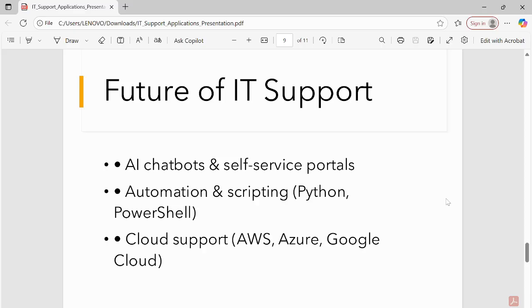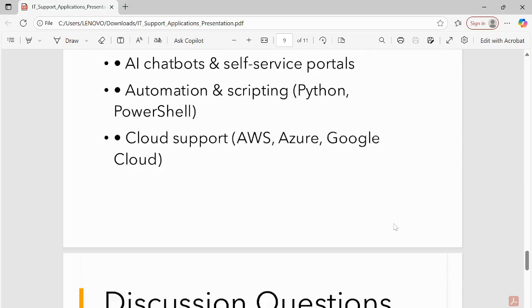Cloud support like AWS, Azure, Google: currently cloud support is in the market, and you will get more opportunity in cloud support. So it is better to learn AWS, Azure, or Google Cloud courses. It will be good for you guys.